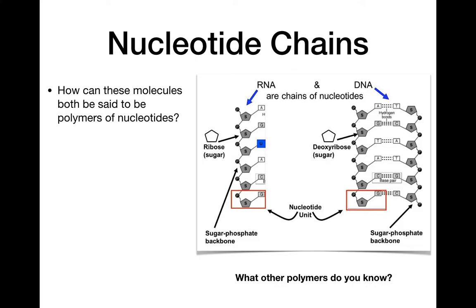Okay, so thinking back to polymers in topic 2.3, 2.4, DNA and RNA are described as polymers of nucleotides. Why is that the case? Pause the video, talk to a partner about this.